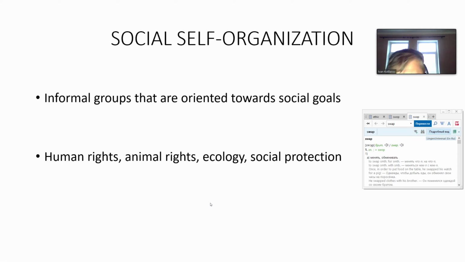Ecology. What is it? Ladies and gentlemen, okay, it is a kind of self-organization in order to protect our environment.